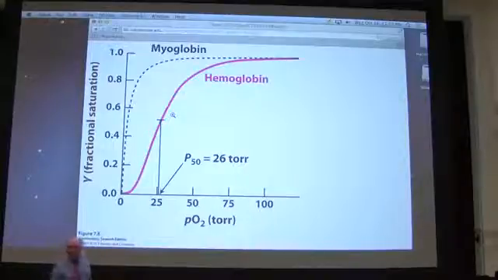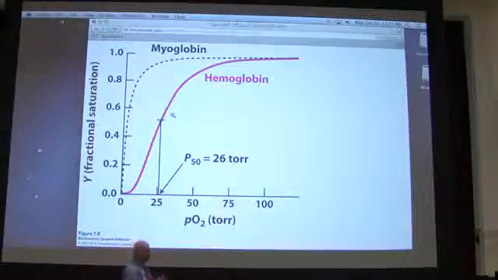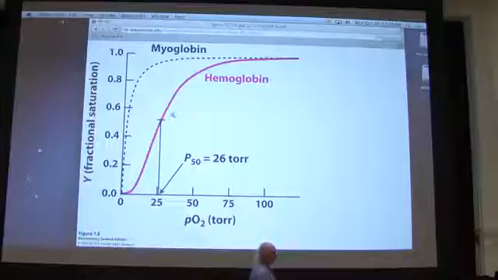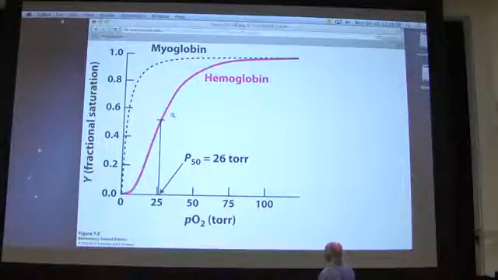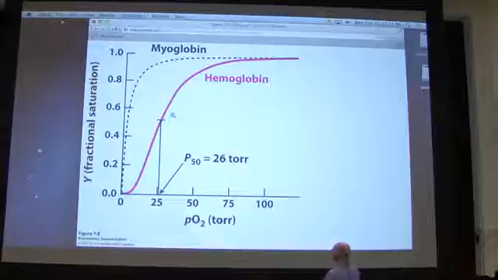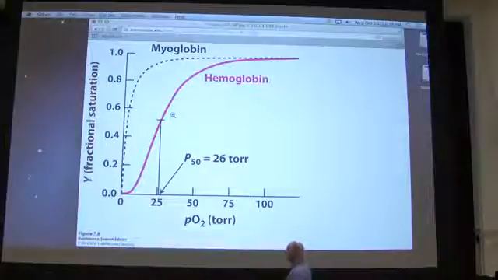Now, the advantage for hemoglobin isn't just the binding of oxygen. It's on the flip side. It's the getting rid of oxygen. When we get into our tissues, when we have tissues that need oxygen, their oxygen concentration is down about in this range. Well, if we get down into about this range, we'd say maybe 80% of the oxygen has been dumped, when we're right here.